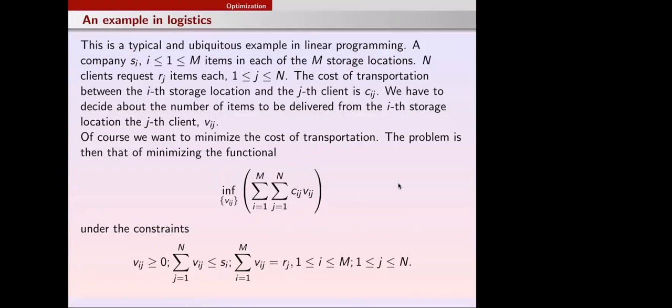But this is not enough. You need to compute it, right? And this is what linear programming does. It not only gives you an answer to the problem, we know there is a solution. The question is how rapidly I can compute it. Because depending on how fast I am on computing, I can refresh my simulations, right?